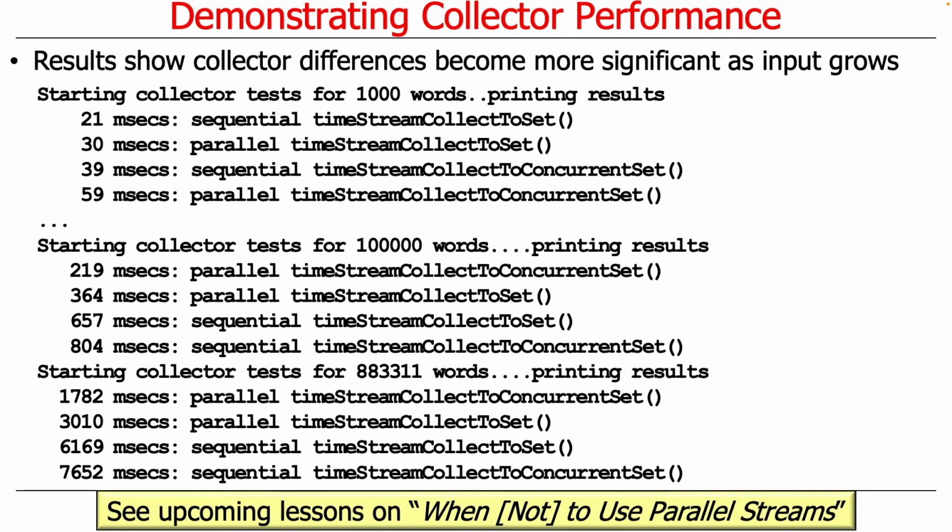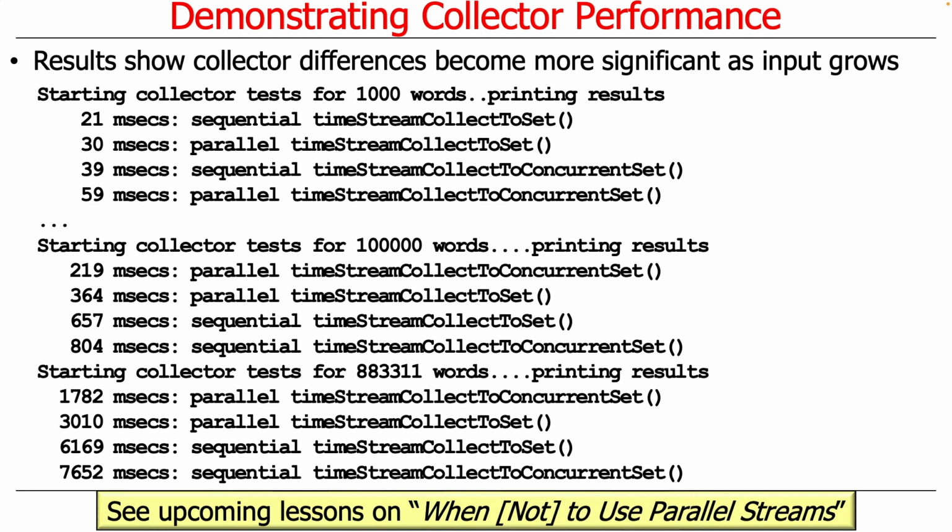The reason is that now we're paying the price of synchronization, but there's only one thread of control, so there's no point in any synchronization. In that case, the sequential non-concurrent collector is going to be faster than the sequential concurrent collector, because we're paying the costs of synchronization when it gives us no benefit.